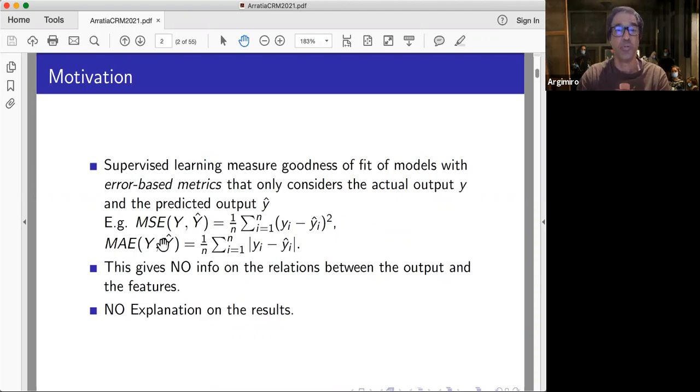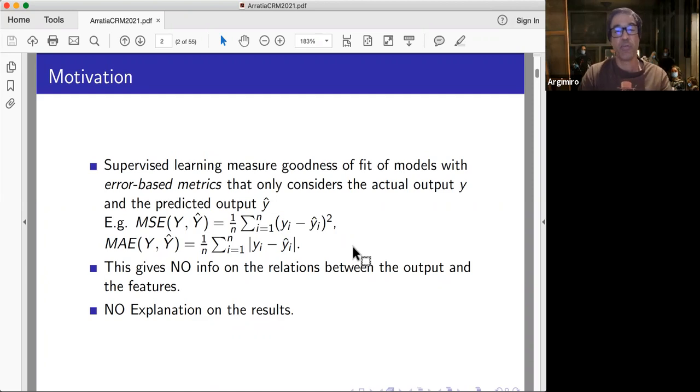Then we measure, by mean square error or mean absolute error, how precise our estimated value, the y hat, is with respect to the real value, the y, right?